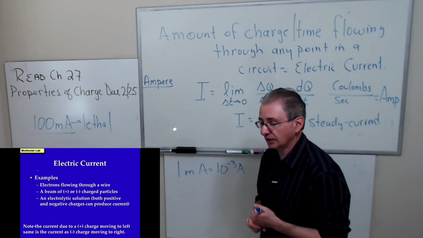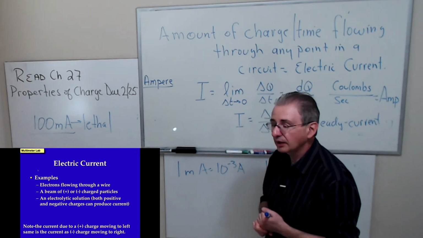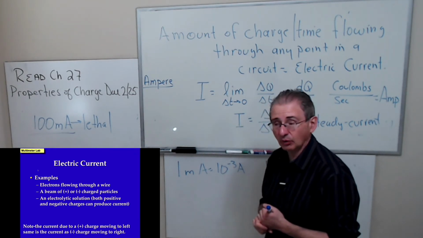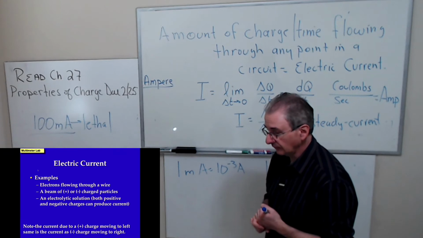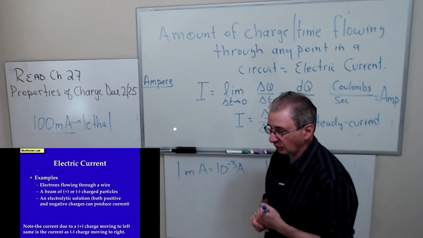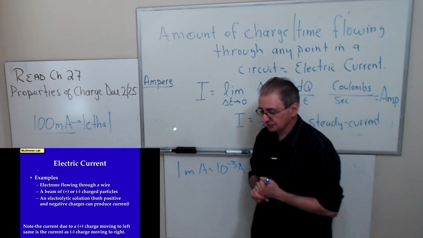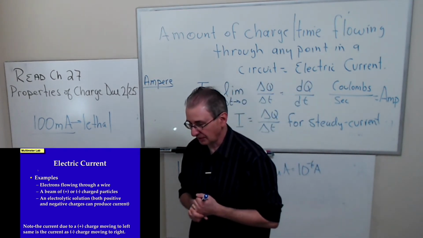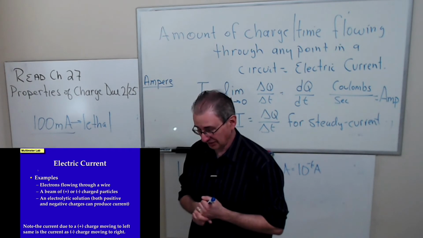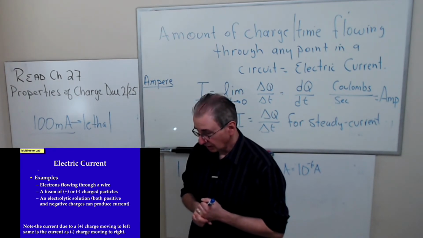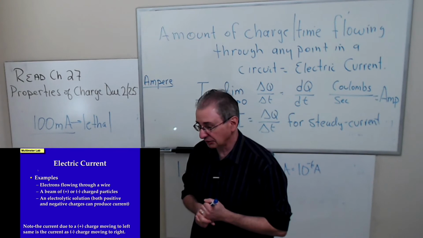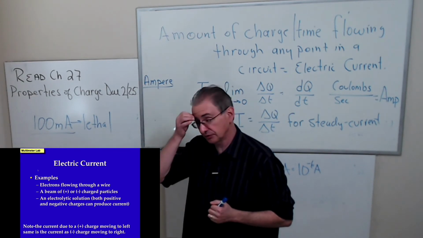They can produce a current. We're mainly going to focus on electrons flowing through a wire in our class. If you work on an accelerator, obviously you're going to consider a beam of particles. So if you're a physics major, you might end up working on an accelerator. Chemists who do electrochemistry will look at electrolytic solutions.